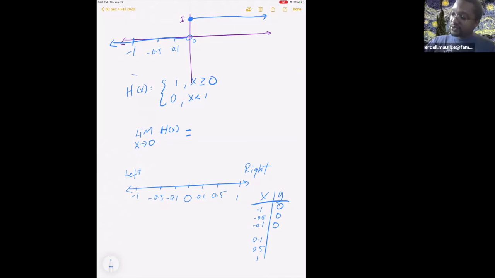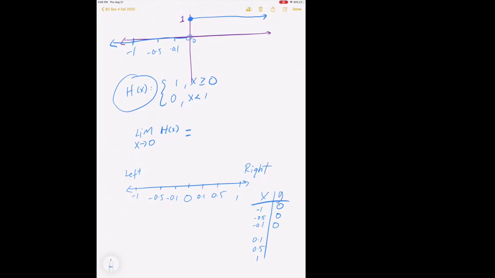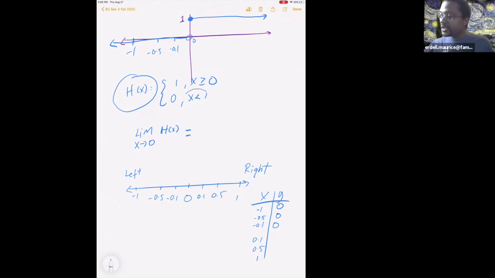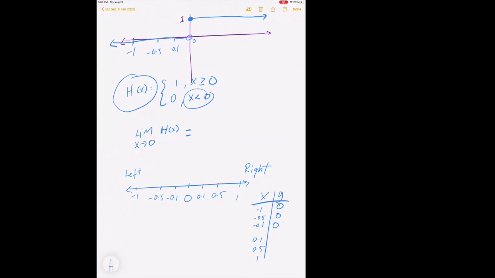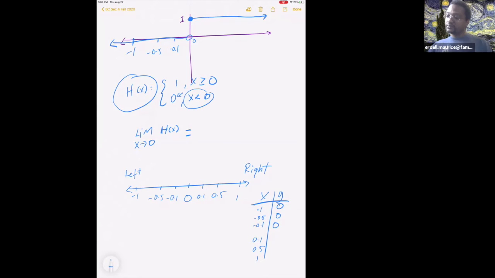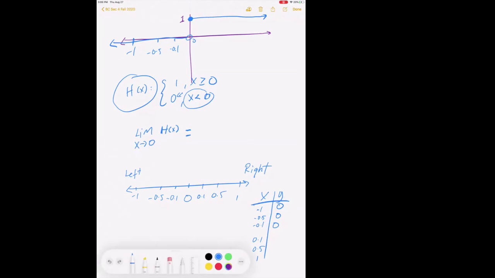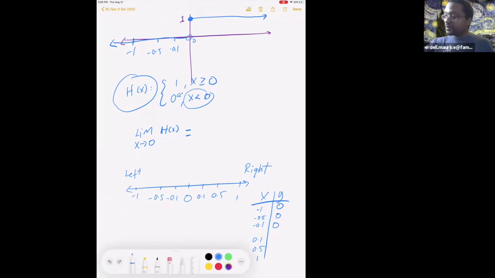I'm plugging into the Heaviside function right here. That function says if the number I'm plugging in is negative, then the answer is 0. All of these are negative numbers. Similarly, if I take a positive number, for example plug in 1, then the answer is 1. If I plug in 0.5, the answer is still 1. If I plug in 0.1, the answer is 1.